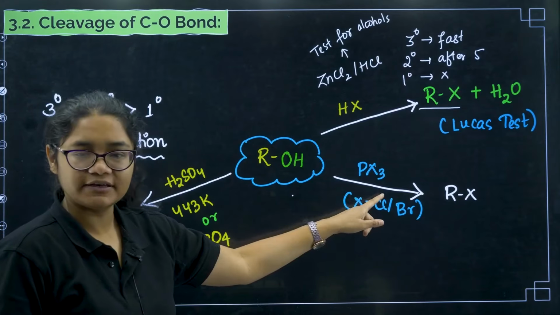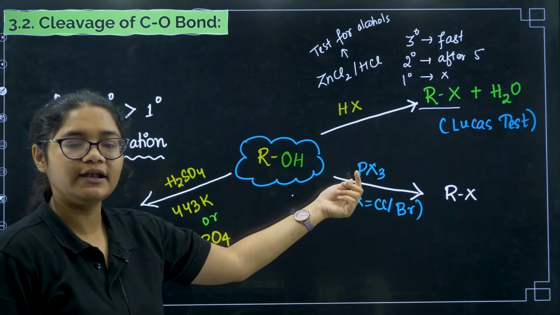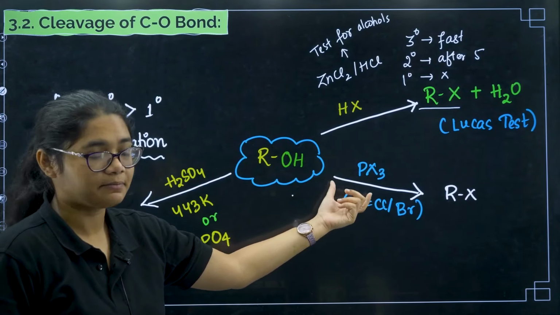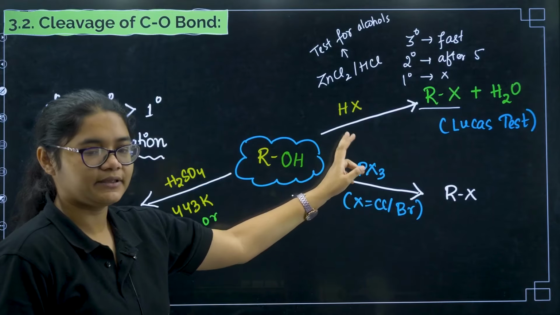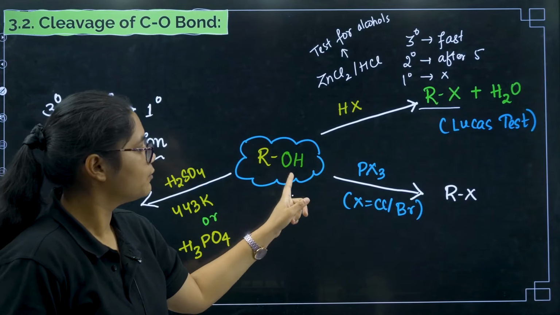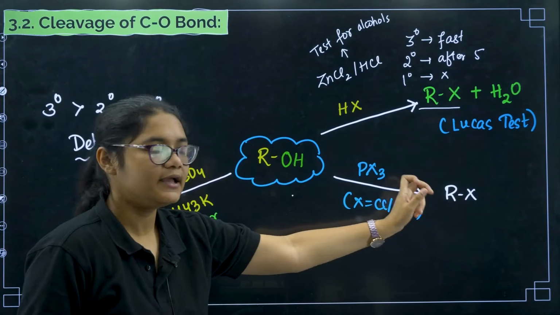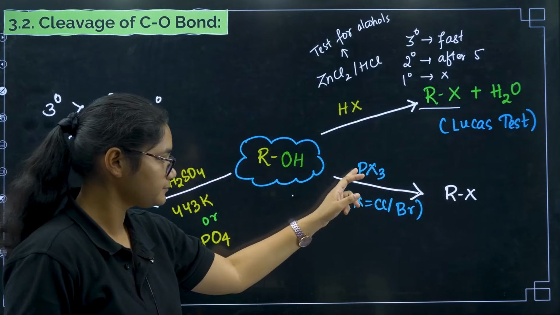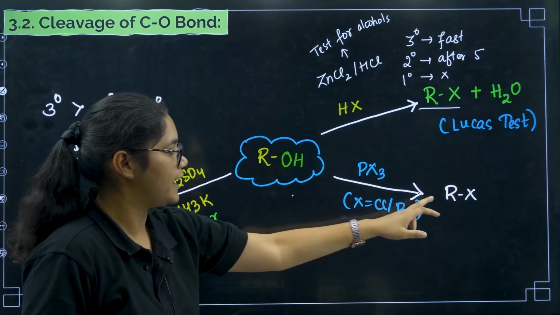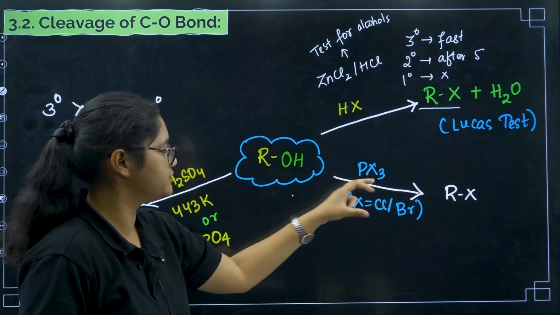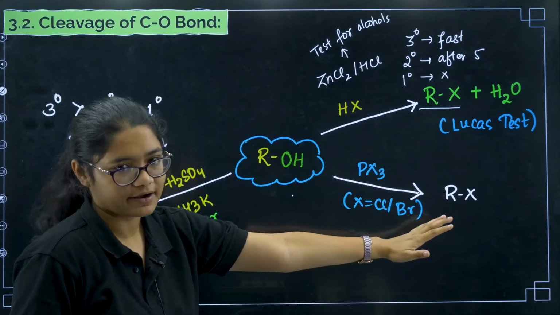Second one, PX3, this we have already studied in your haloalkanes chapter. ROH plus PX3 will give you RX. Here the OH will be replaced with X and we will get RX.